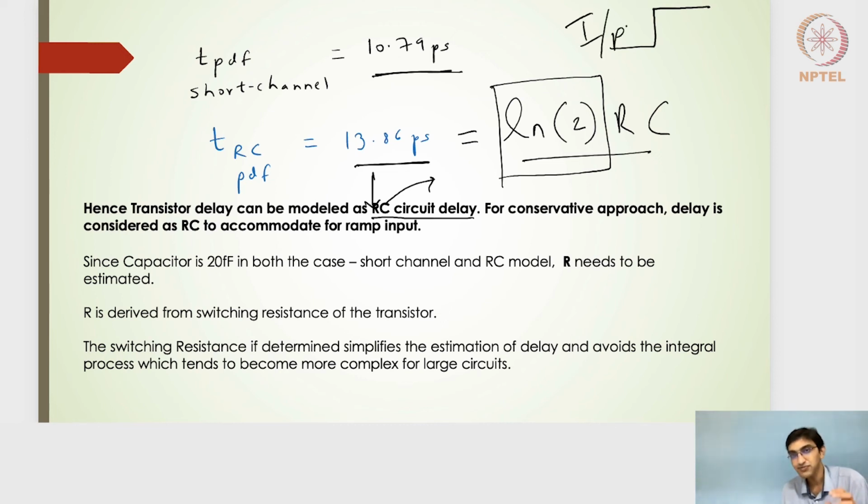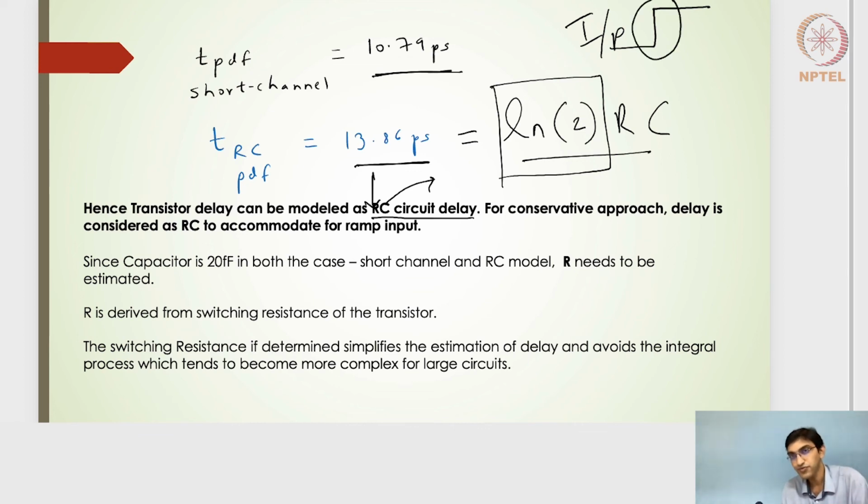Generally what happens is if we have a step input given to an inverter, the output of the inverter is actually cascaded to the other stages, and so on and so on. So in millions and billions of transistors or inverter circuits used to design a system, we will never have this kind of a step input applied to another circuit.